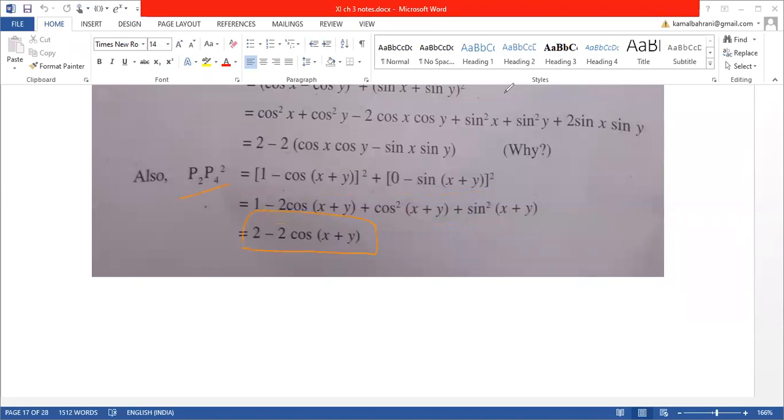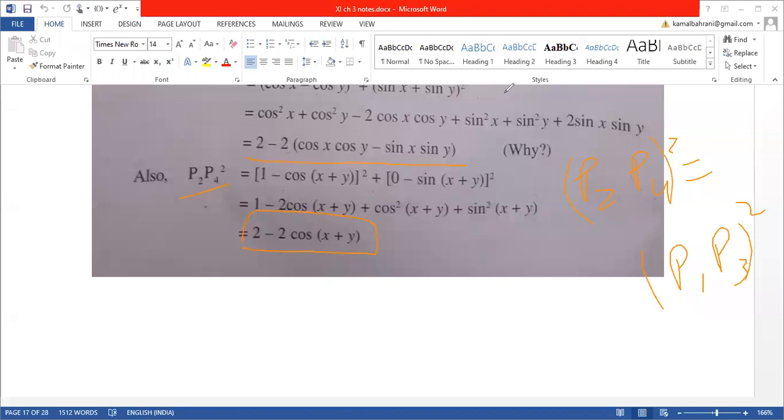Now we have said that as the triangles are congruent, P2P4 is equal to P1P3. Clear? Sides are equal, so their squares will also be equal. Clear? So we can equate these two values.